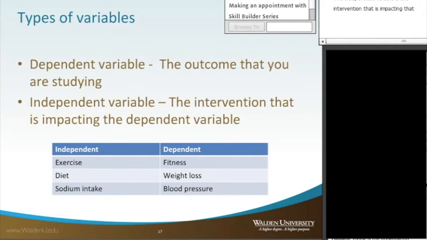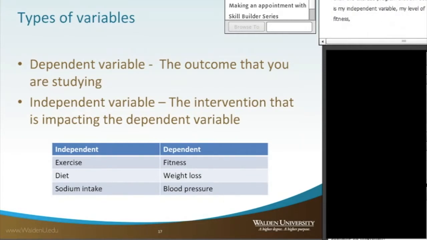So I just put a couple of examples. I'm a public health, kind of a cardiovascular prevention guy. So if I'm doing a study on exercise and fitness, then the exercise program that I'm doing is my independent variable. My level of fitness is my dependent variable.